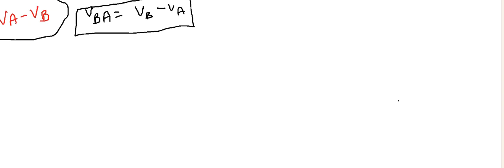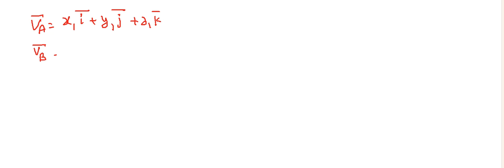That gives the final result. Suppose I use vector notation, the Cartesian coordinate system. Let us say A is moving with velocity VA bar equal to x1 i bar plus y1 j bar plus z1 k bar. And at the same time B is moving with x2 i bar plus y2 j bar plus z2 k bar.